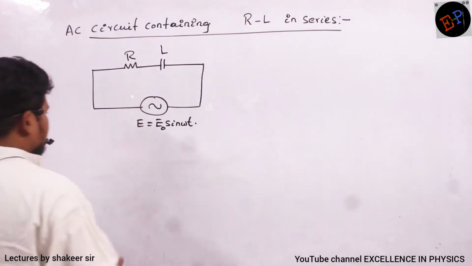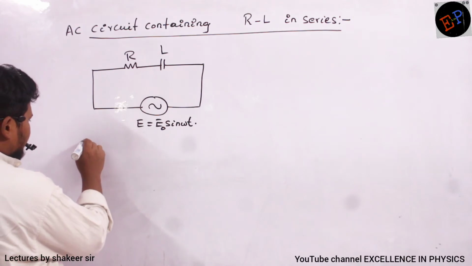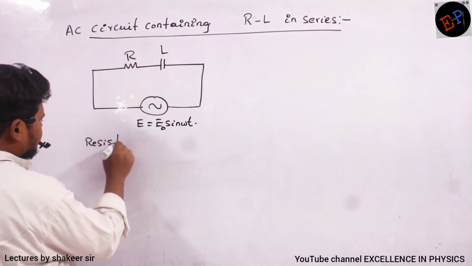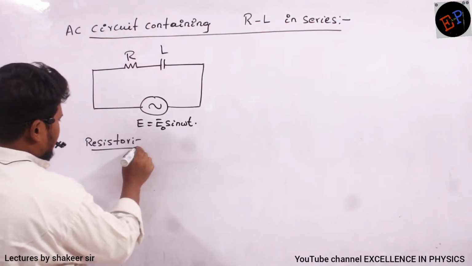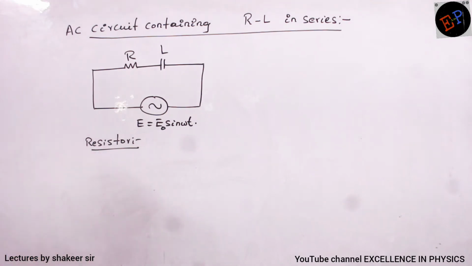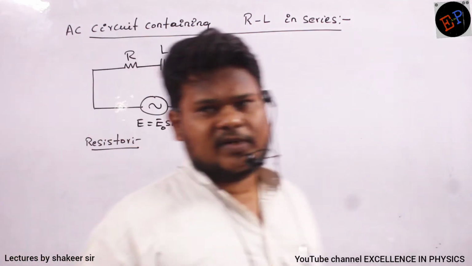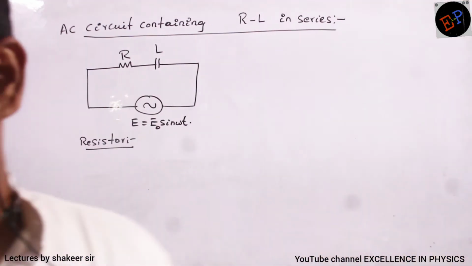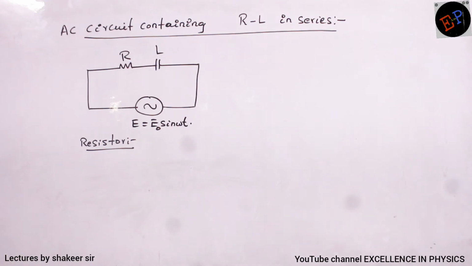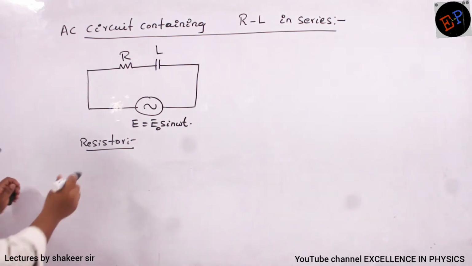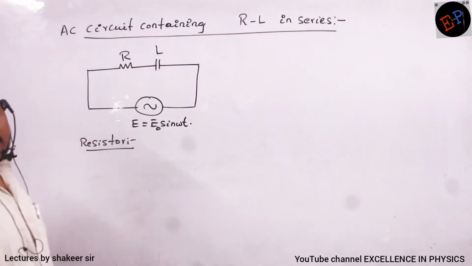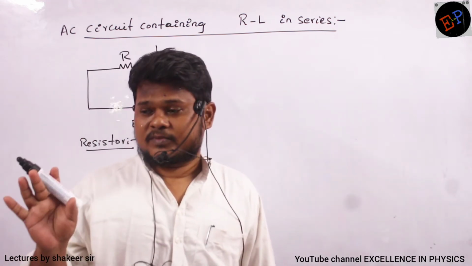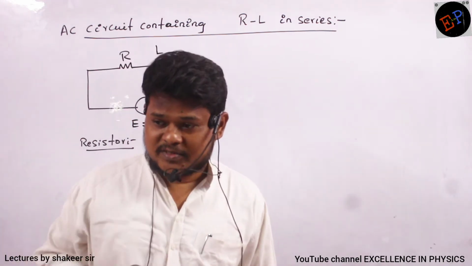Now let us see. For example, if I take a resistor, how did we draw the phasor diagrams in a resistor? Do you remember? Look at the notes. In a circuit containing only a resistor, how did we draw the phasor diagrams?